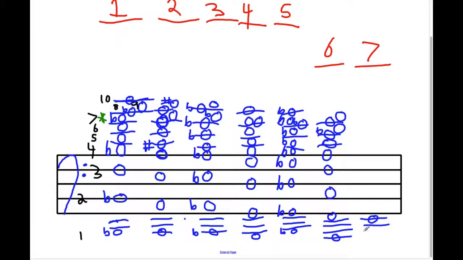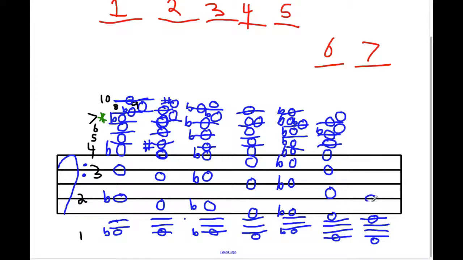So E down to C, then the next ledger line gets us down to A, next ledger line gets us down to F. Oh, that was a straight one. Look at how straight that line is. Alright. Boy, I wish I could do that all the time. So we're on F, and then E natural right there. So there we have the octave all set to go.